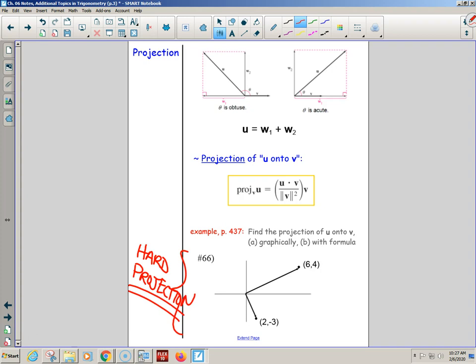I'm thinking something is on a slope and is naturally sliding down the slope, but then you're trying to pull it this way. That's really awkward, but that kind of works.